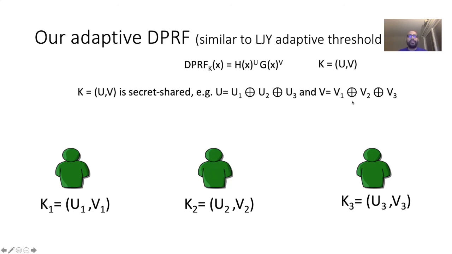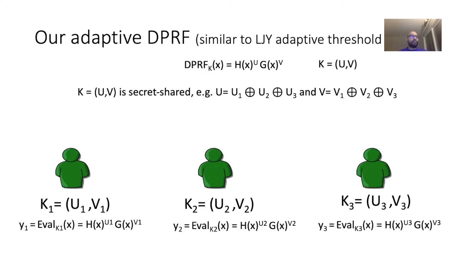U and V are secret shared. This should not be an XOR, that's a typo, sorry about that. It should be a plus. Then everybody computes their partial evaluations, and the combination is exactly the same.